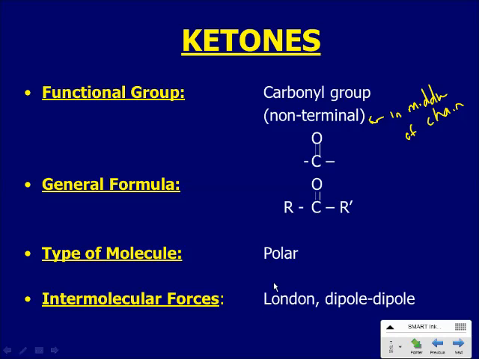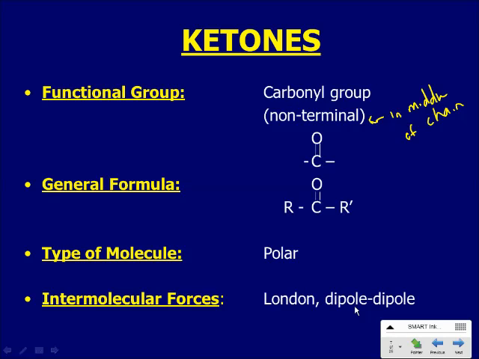It's also polar, and again, it does not have a hydrogen bonded directly to the oxygen, and therefore, it's still just dipole-dipole. So its forces are very similar to the aldehydes. Their melting points and boiling points are actually very similar. And I'm pretty sure our next slide is going to put the ketones on our good old summary sheet in the same grouping as the aldehydes, and what else was in there?